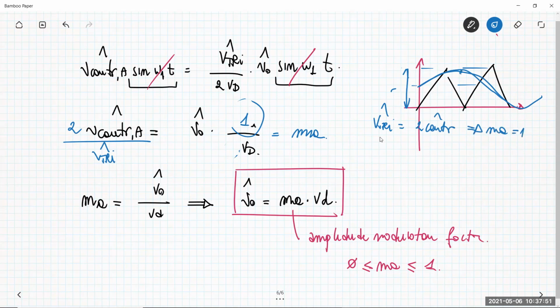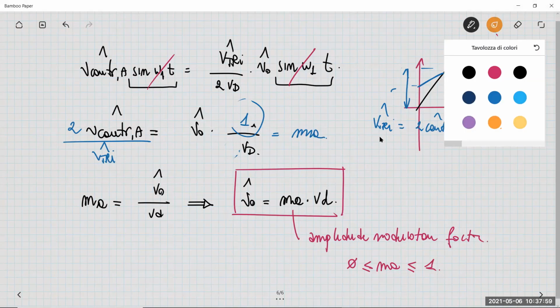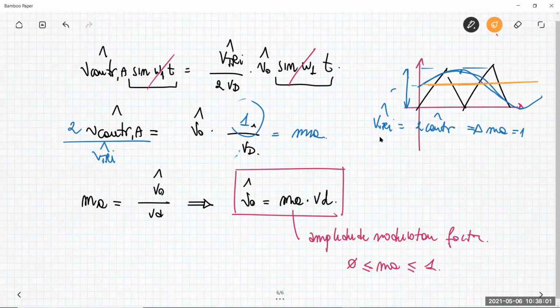So I have the maximum possible dynamic of my control voltage. Otherwise, when the control voltage is constant, you have no amplitude in that situation, V control peak is null and MA is 0. So depending on the amplitude of the control voltage, we can range this MA from 0 to 1.